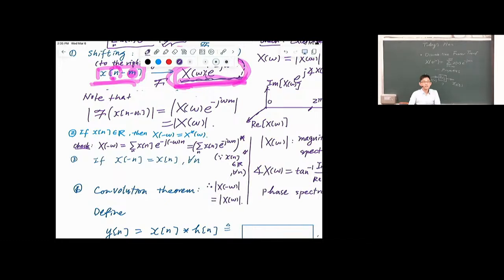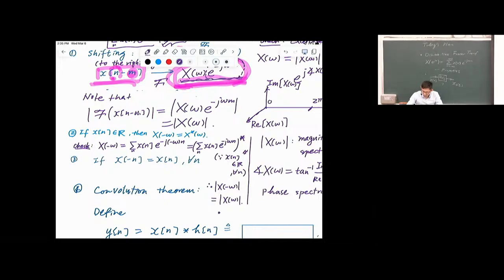Of course, the phase becomes conjugated, but the magnitude evaluated at the negative frequency is going to be equal to what is evaluated at the corresponding positive frequency. We have this symmetry in the magnitude spectrum.